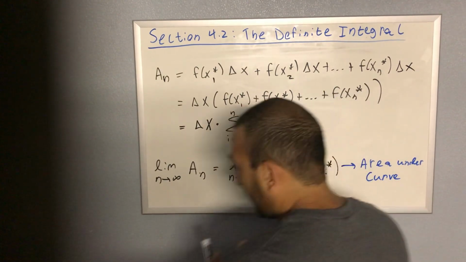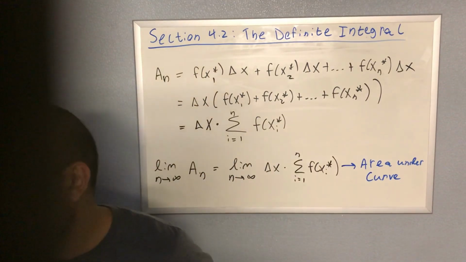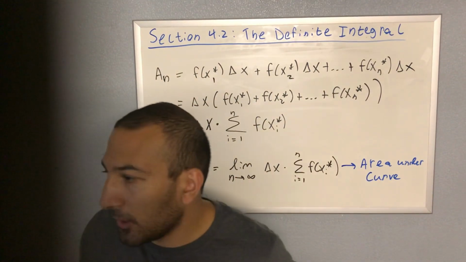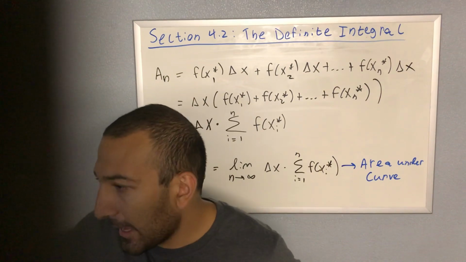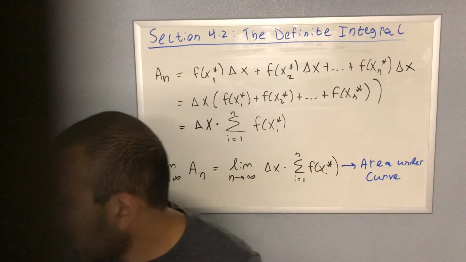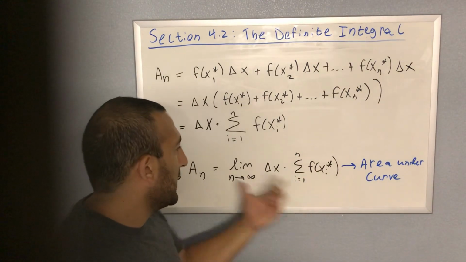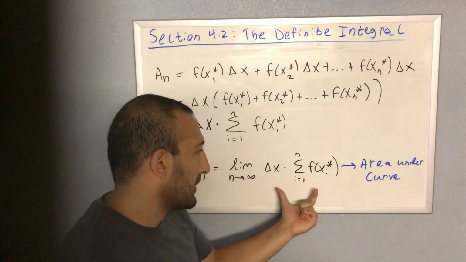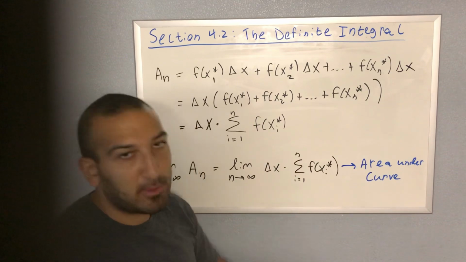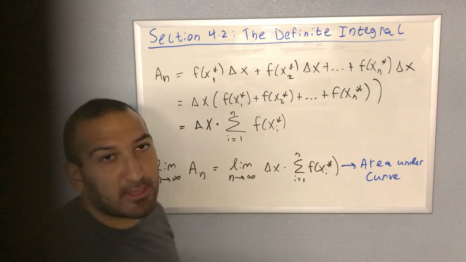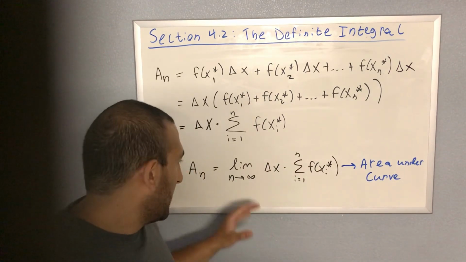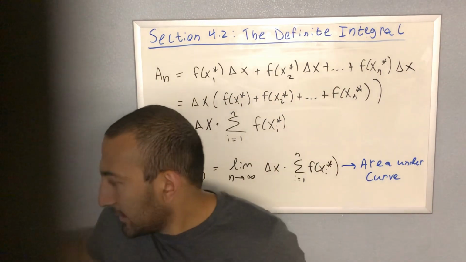Now, we're going to introduce some terminology here. We're going to say that, if this sum makes sense. Because in some cases, this doesn't make sense, but for the purposes of this class, more often than not, it will make sense. But whenever this sum makes sense, this is what we say.